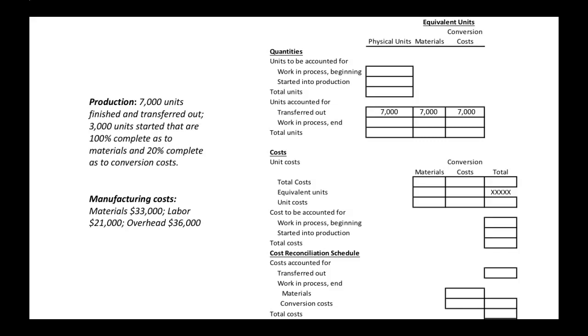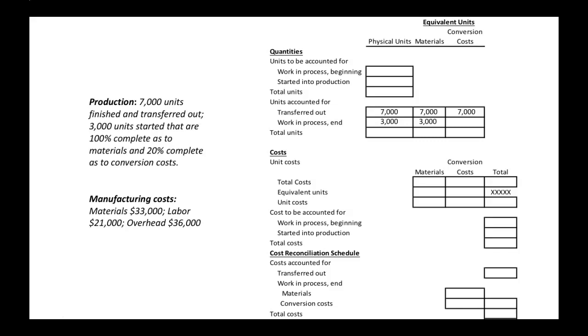Now, the next piece of information that we have is 3,000 units are started, but they're not all finished yet. So that's your ending work in process. So we can put the 3,000 there for our work in process at the end. Now, those 3,000 units, this is where these percentages come into play. We're told they're 100% complete as to materials.